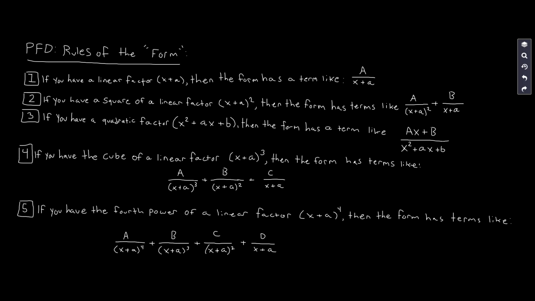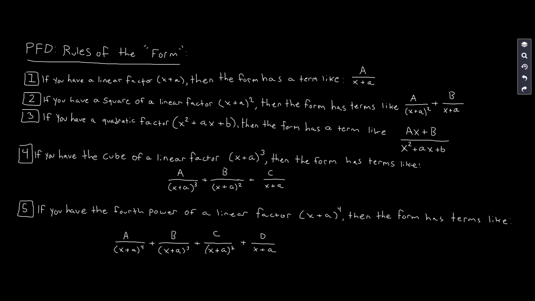Rule number 5 is that if you have the fourth power of a linear factor, x plus a quantity raised to the fourth power, then the form has terms like capital A over x plus a to the fourth plus capital B over x plus a cubed plus capital C over x plus a squared plus capital D over x plus a.